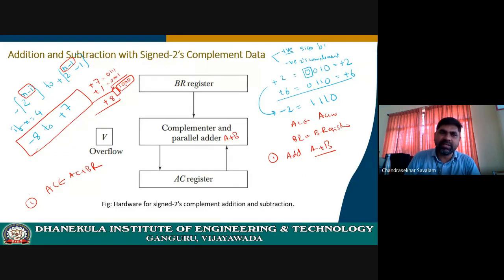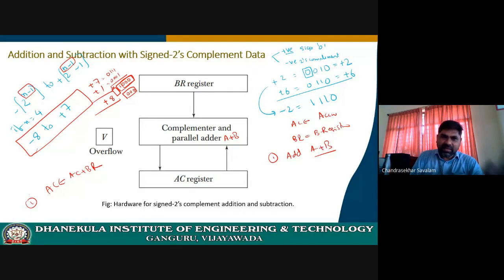Because of this, there is an overflow. Understand, students? The result should be 0 0 0. Only 3 bits are for magnitude and 1 bit is for sign here. So plus 7 plus 1 means 8. This actually needs 4 bits for the result, but only 3 bits are available for the result. One is for sign representation.